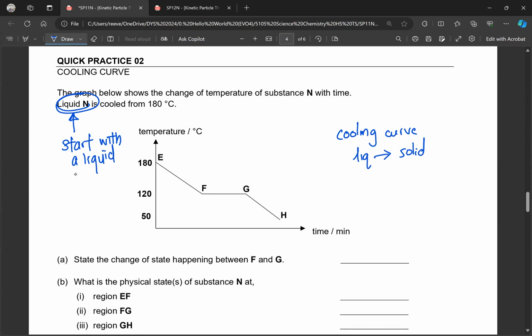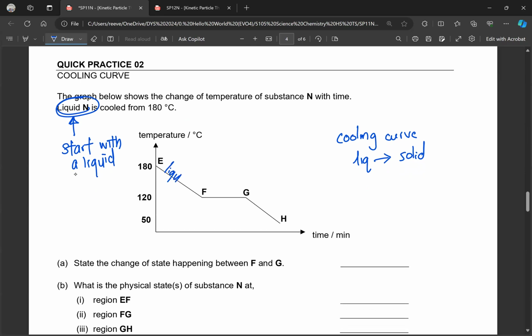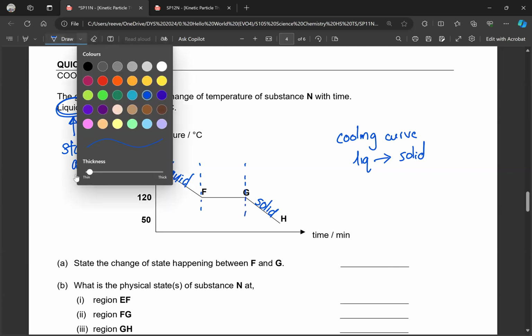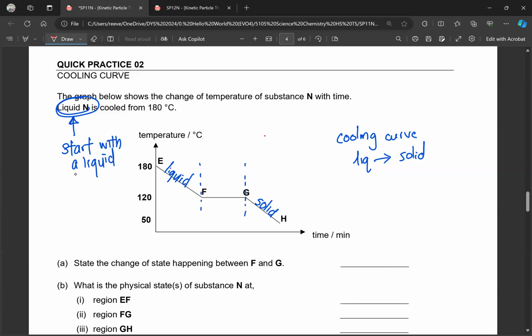Okay. So over here, you must see that I must start with a liquid and I must end with a solid. So the middle section of the graph, obviously, is a change of state lah. So I have liquid plus solid. It's changing.